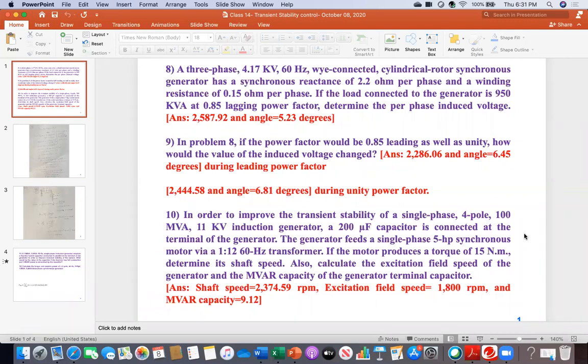That is 120 F over P. Excitation field speed is 120 F over P. It is not any different thing, it is the same thing. Just here the terminology is different. Sometimes it is simply called the synchronous speed of the induction generator, sometimes excitation or magnetic field speed. Still it is the same 120 F over P.